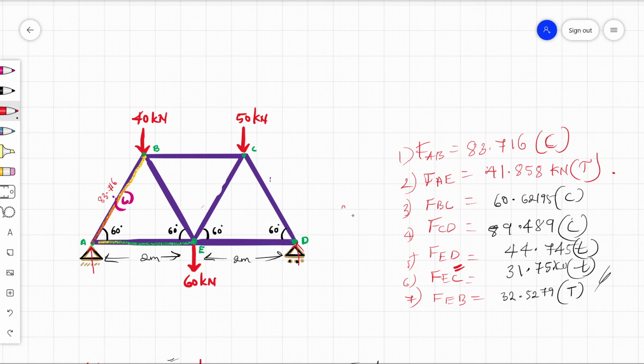It should look like this. One more thing, the compression you should show like this. For tension you should show like this. This is for tension, this is for compression. That means for tension, force is going in this direction as well as in this direction, right? So this is compression.